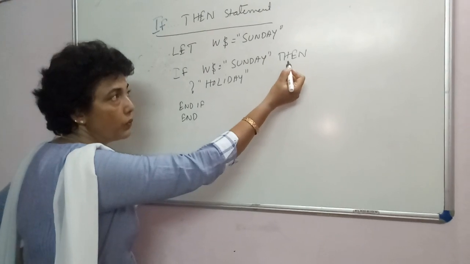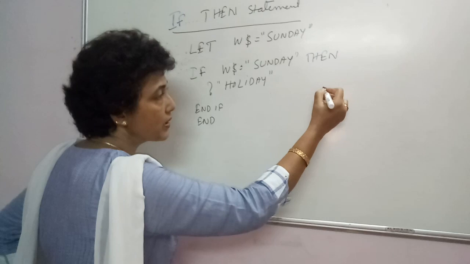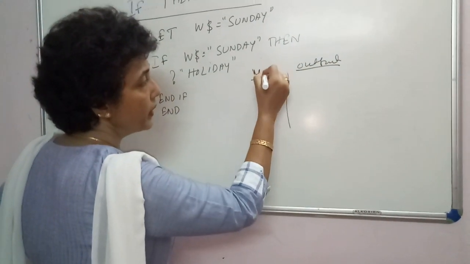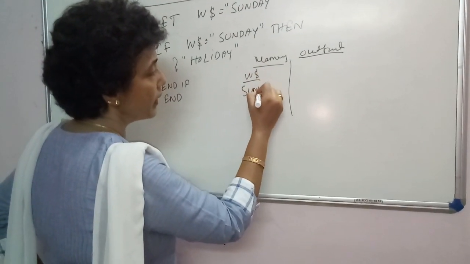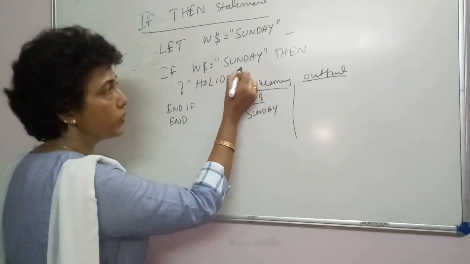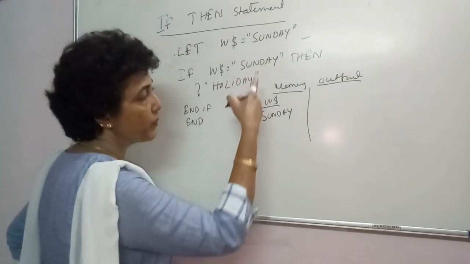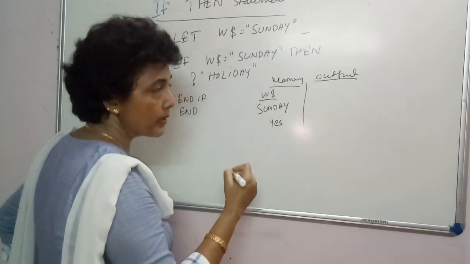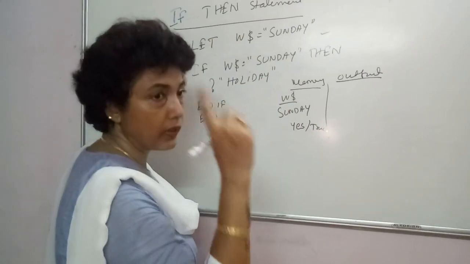On screen output, if I check memory and output, in the memory $W is storing Sunday, and then when I check this, the answer of the condition is always either true or false. So in this case, because $W is storing Sunday, the answer I get is yes or true. That has to be checked in the mind.